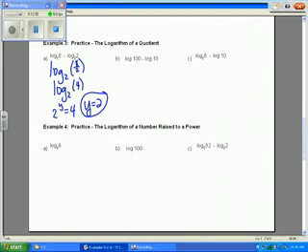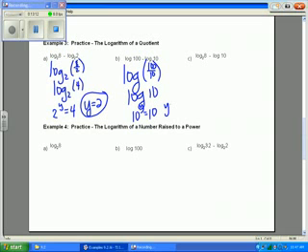Okay. The next one is common log. So it has an understood base 10. Okay. So log of 100 divided by 10. 10 to what power equals 10?